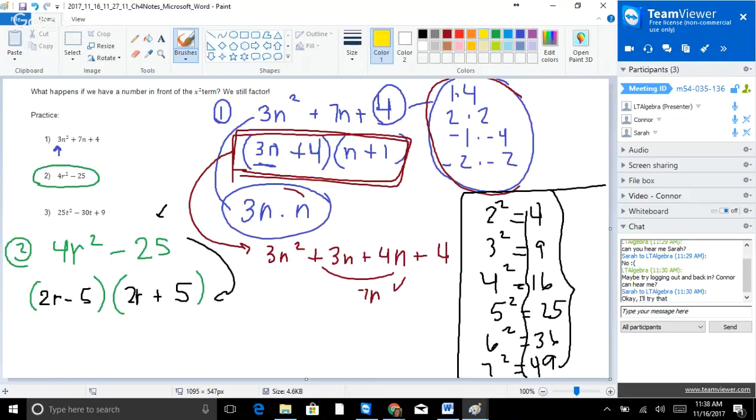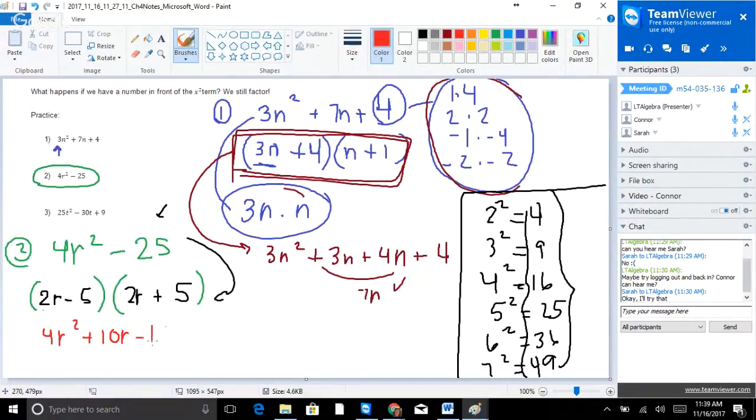The reason I had this hunch is because I know everything else cancels out in the middle. So when I FOIL this, 2r times 2r is 4r squared. Outside is 2r times positive 5, so 10r.